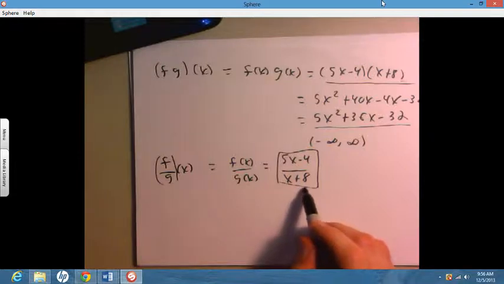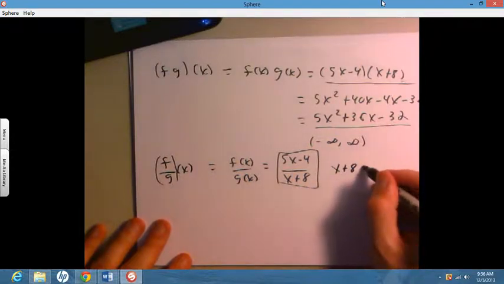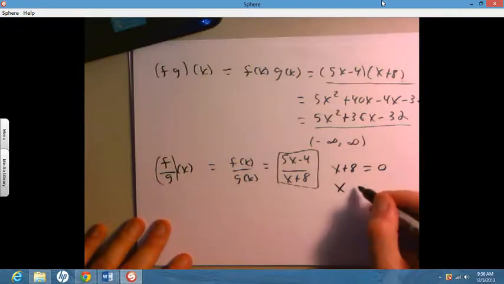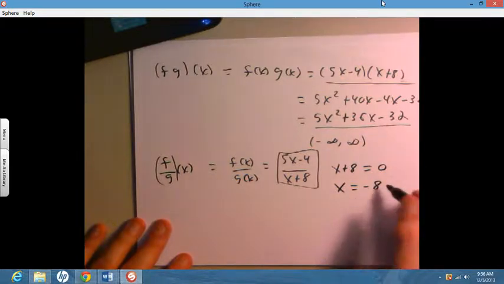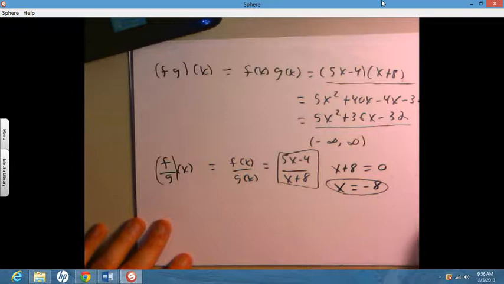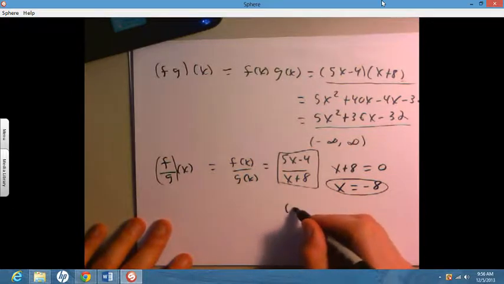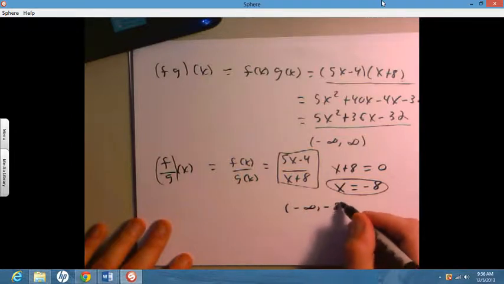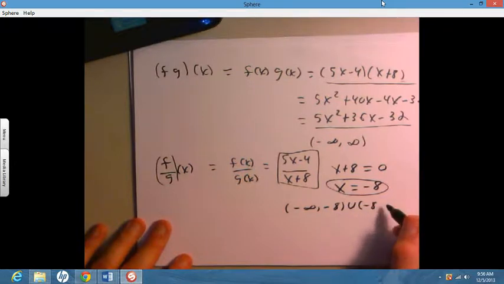Okay, so we're going to have x plus 8 is equal to 0, and if we subtract 8 from both sides, we get x equals negative 8. Alright, so the function is not defined for x equals negative 8, and the domain is going to be negative infinity to negative 8, union negative 8 to positive infinity.